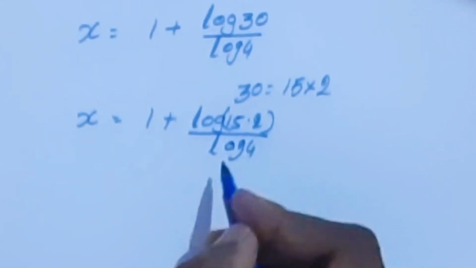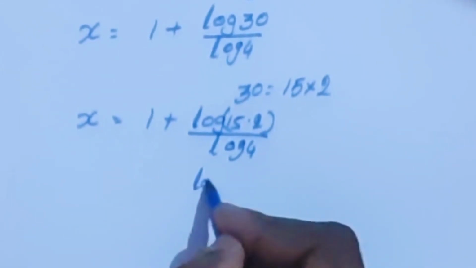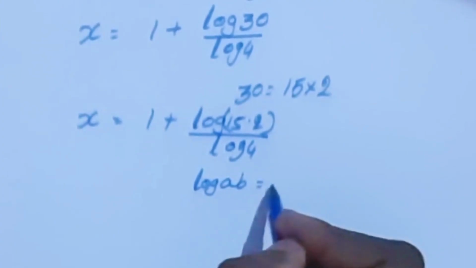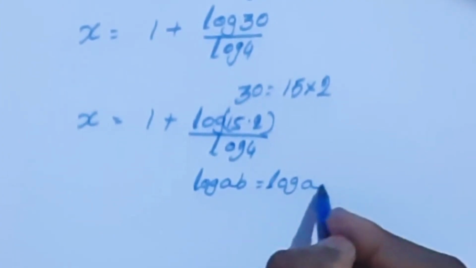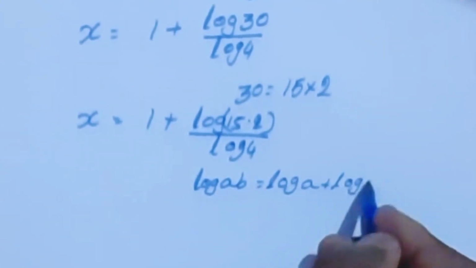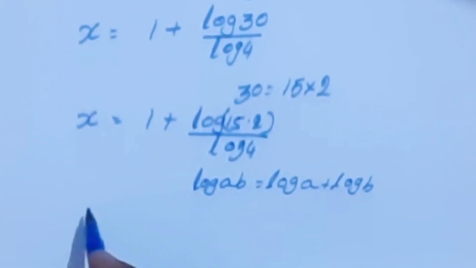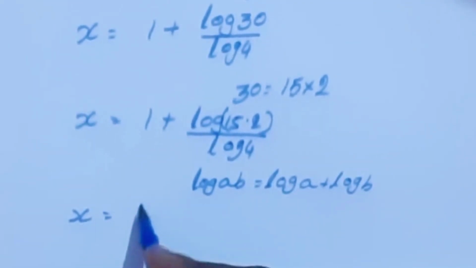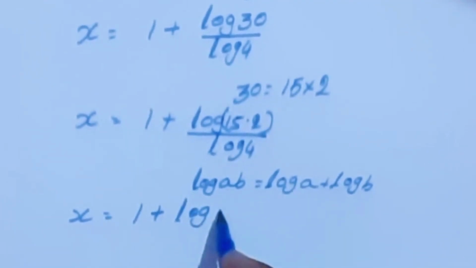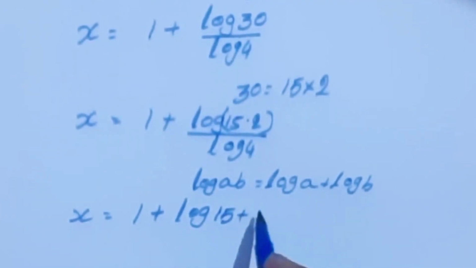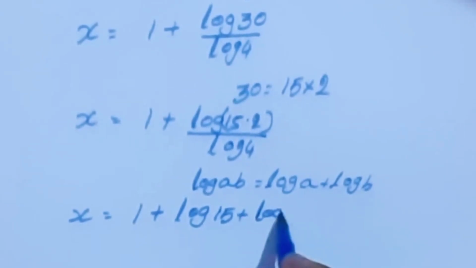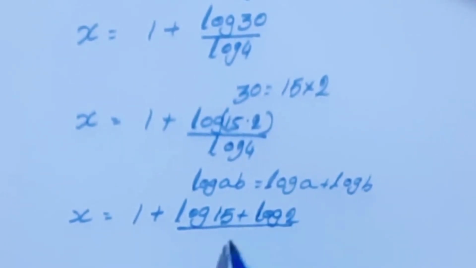Here we are going to apply log product formula, that is log AB equal to log A plus log B. This log product formula we are going to apply here. So x equal to 1 plus log 15 plus log 2 by log 4.